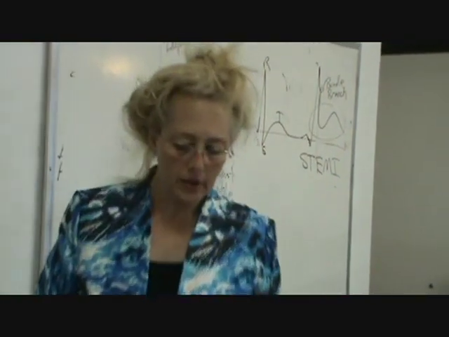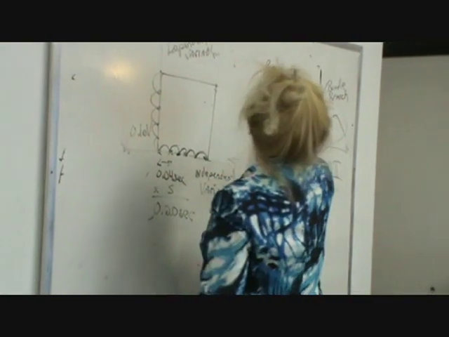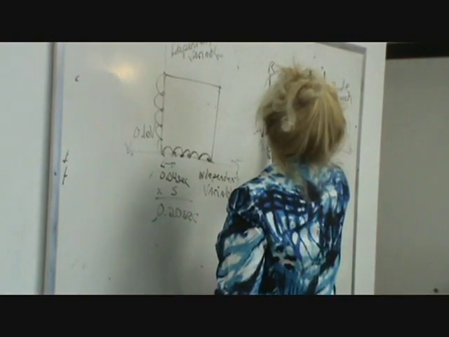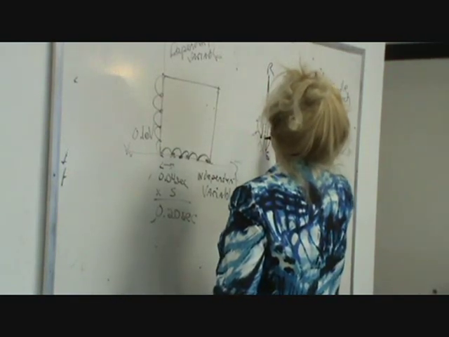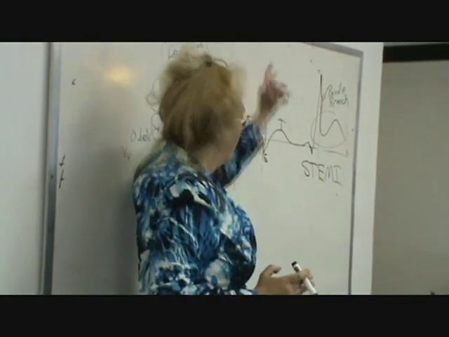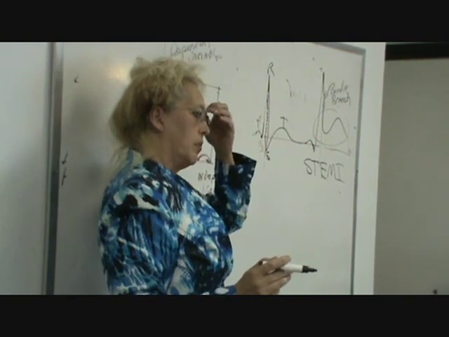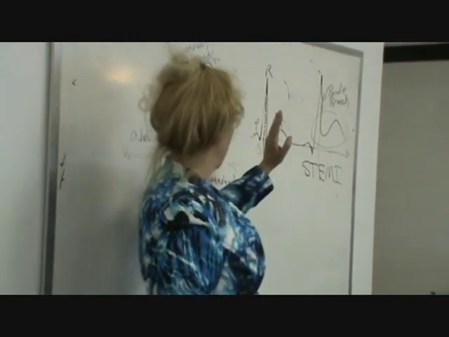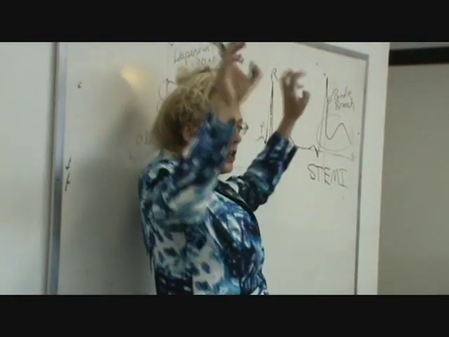And I drop another perpendicular line from the apex of the R down to the horizontal. I've just basically split the R in half. The way I interpret when I'm doing rhythm interpretation is I'll say everything to the left of this perpendicular line is atrial activity.